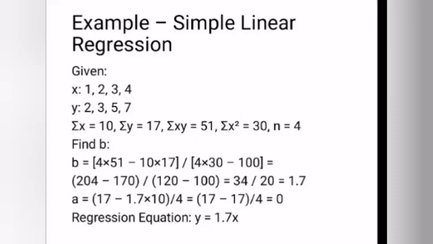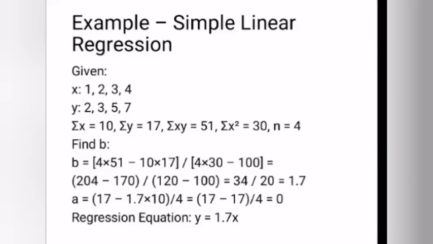Sigma x square is the same thing as finding 1 square plus 2 square plus 3 square plus 4 square, and adding it together is going to give you 30. And n is the number of pairs. Finding the number of pairs: 1 and 2 is a pair, 2 and 3 is a pair, 4 and 7 is a pair, 3 and 5 is a pair.